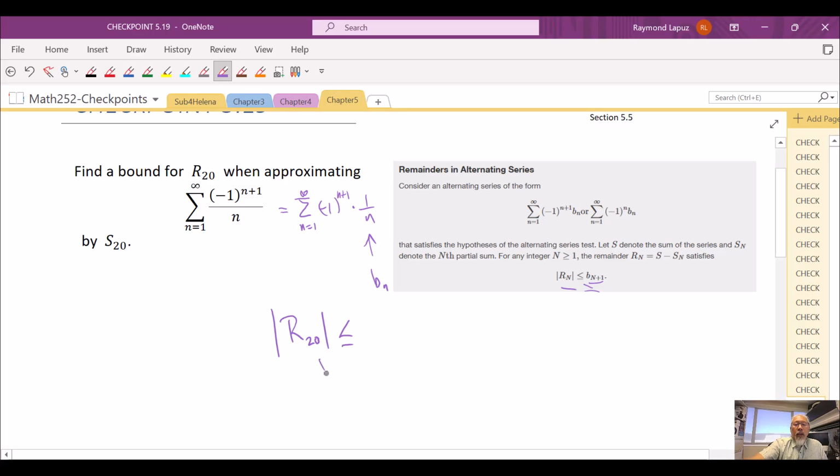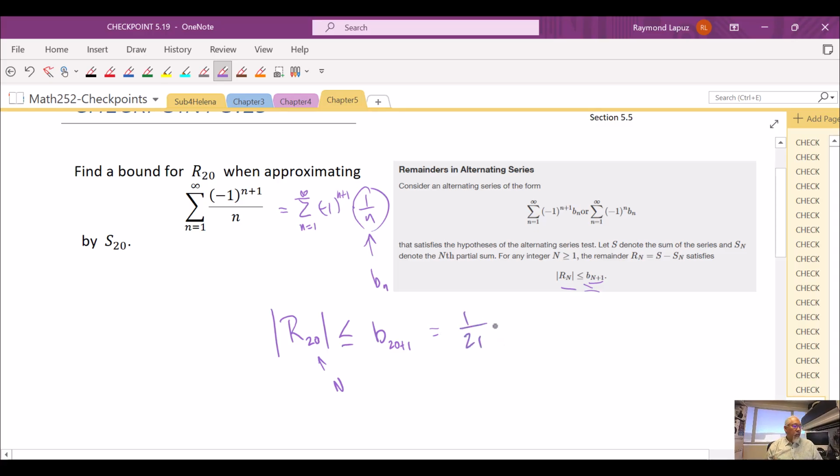So if the n is equal to 20, then n plus 1 is going to be 21. And this is your b sub n, so this is going to be b sub 20 plus 1. What is that? That is 1 over 21.